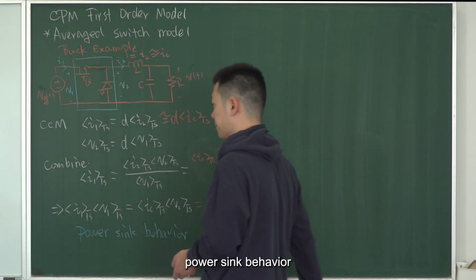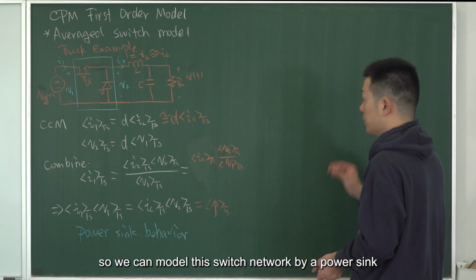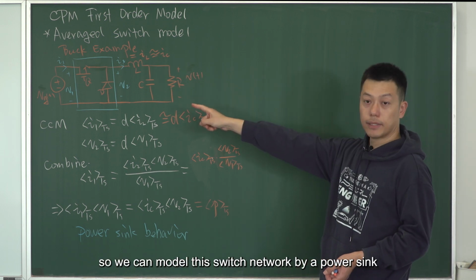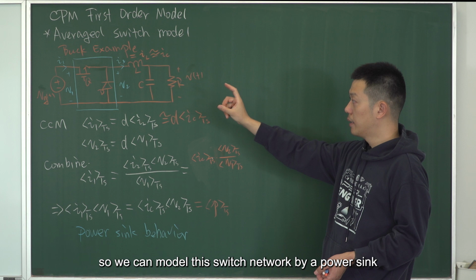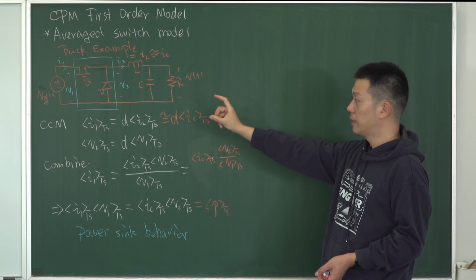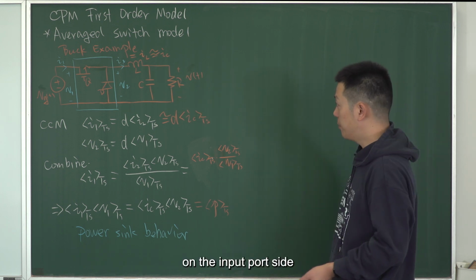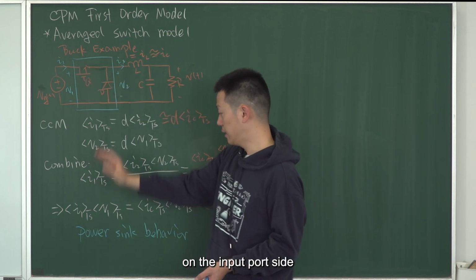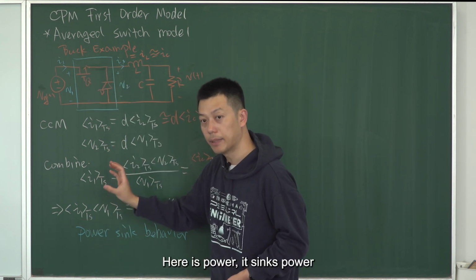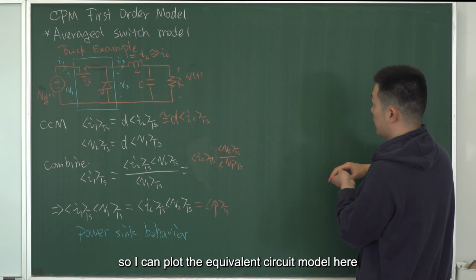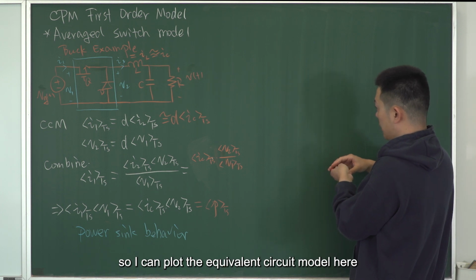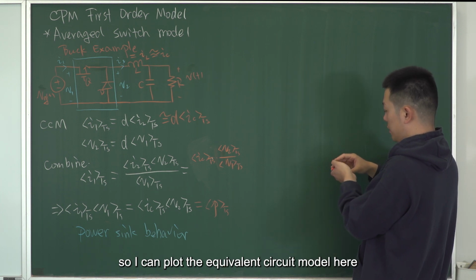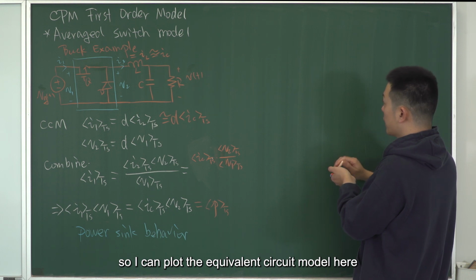Power sink behavior. So we can model this switch network by a power sink on the input port side, right? Here it sinks power. So I can plot the equivalent circuit model here.